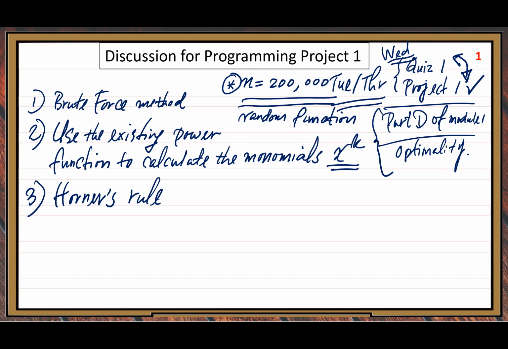I just use my laptop. My laptop is not very fast, probably not as fast as the average computer. All right, in my laptop, to calculate n equals 200,000 approximately, using the brute force method, I need approximately 30 seconds.